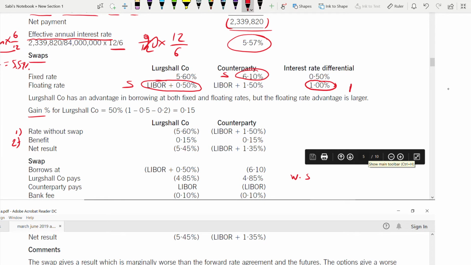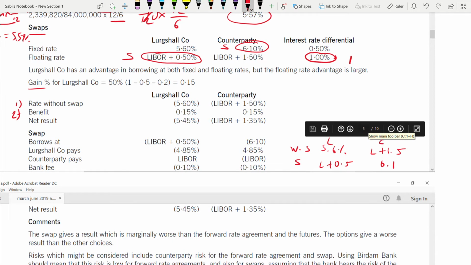So without swap they are going for fixed 5.6 and L plus 1.5, and with swap it is L plus 0.5 and 6.1. Okay, without swap and with swap. This is Lakshya and this is the counterparty.